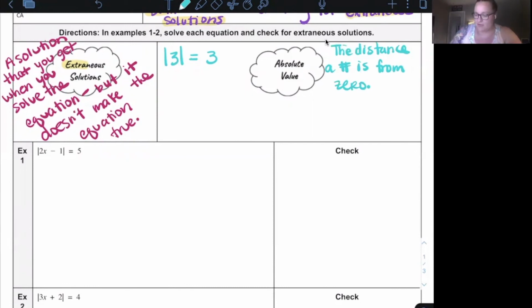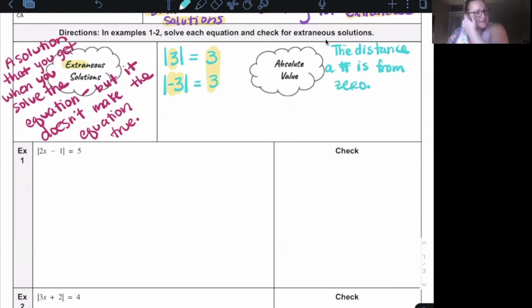Well, what about the number -3? How far is -3 from 0? Isn't it also 3 from 0? So as you can see, 3 and -3 both have the same absolute value. Two different numbers have the same absolute value.